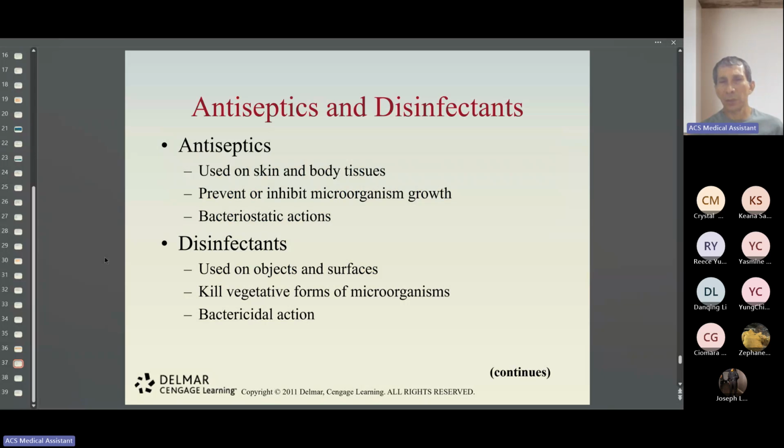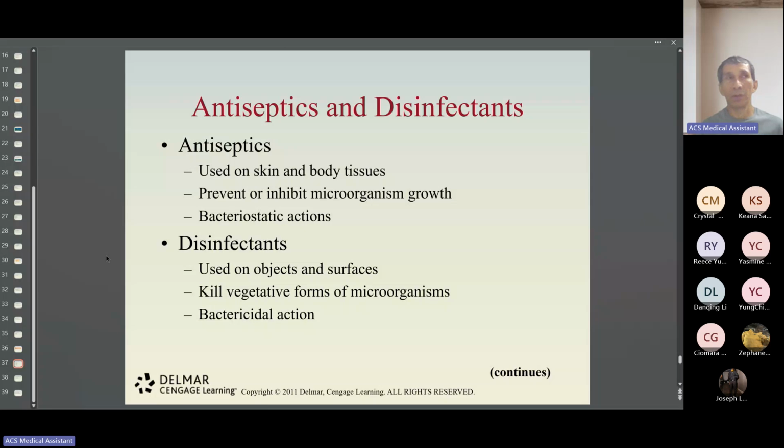Antiseptics and disinfectants, we talk about this. Remember, antiseptics are used for human tissue. Disinfectants are used for inanimate objects, your desks, the floors, the equipment, all those things, but antiseptics are going to be used on the patient's skin, living organisms.